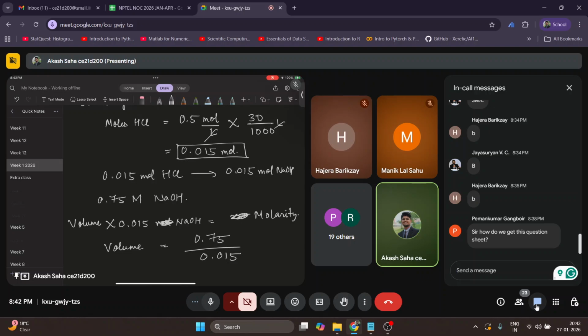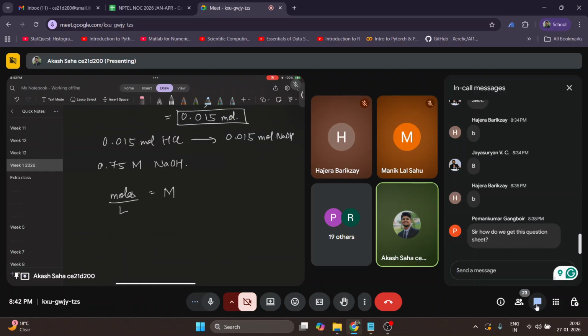I think something is wrong, just a second. I think I have written it in reverse. The number of moles divided by the liter is the molarity, right? So 0.015 moles divided by M will be the liters, or the volume.